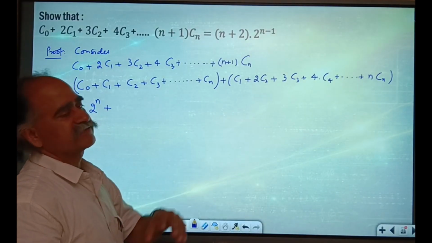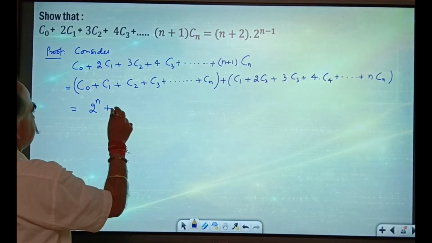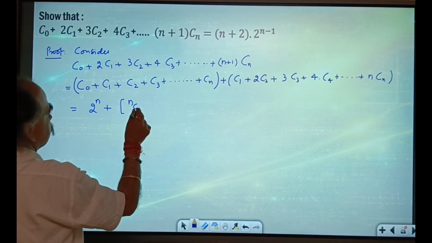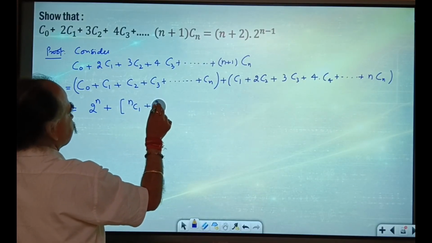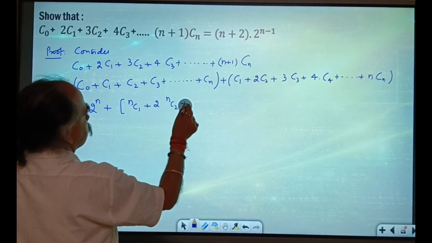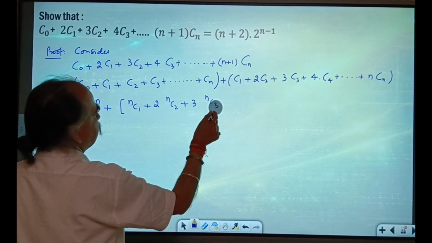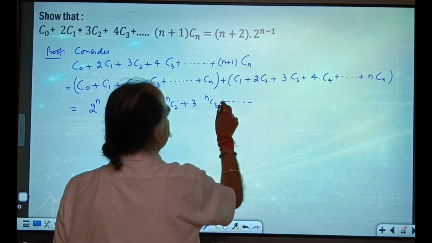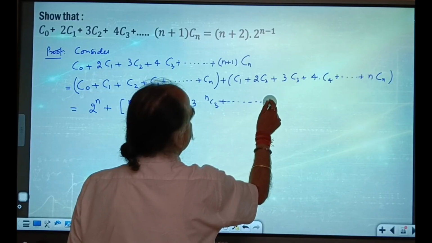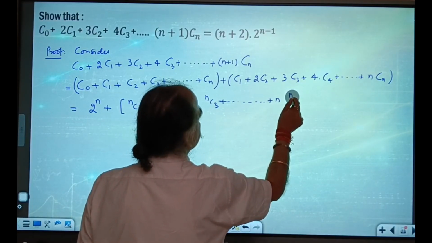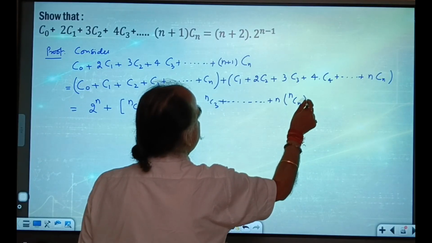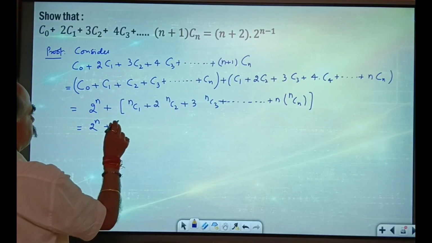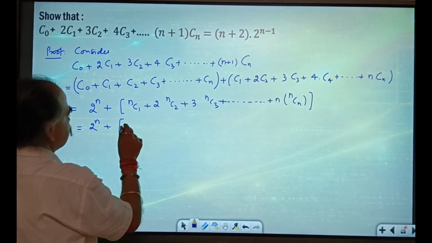In the previous problem we did this, or if you want you can once again write C1 as nC1, 2 times nC2, 3 times nC3, plus so on, plus n times nCn. nC1 is what? n.